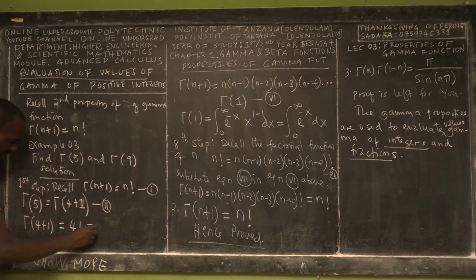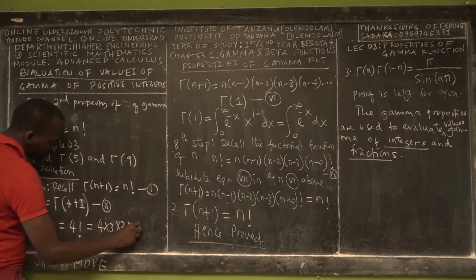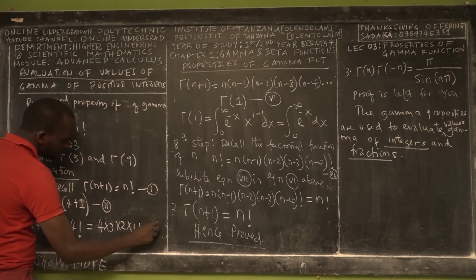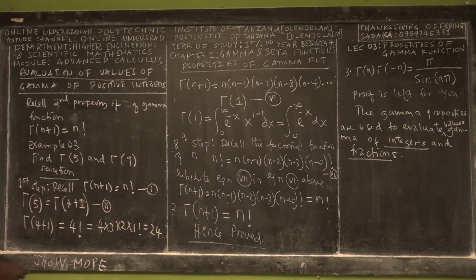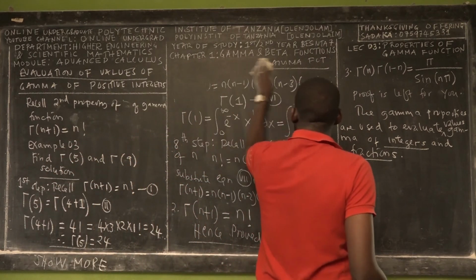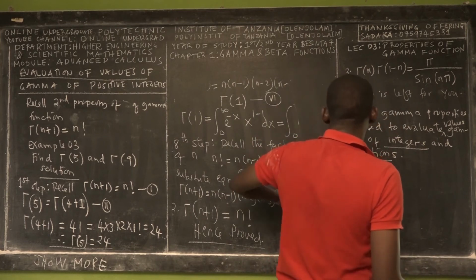You can use your scientific calculator, or you can find that 4 factorial is 4 times 3 times 2 times 1, which is 24. Therefore gamma of 5 is equal to 24. That's the response.